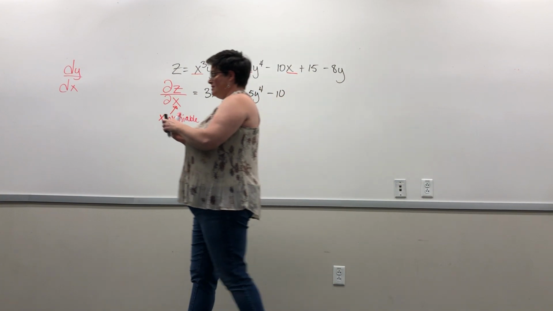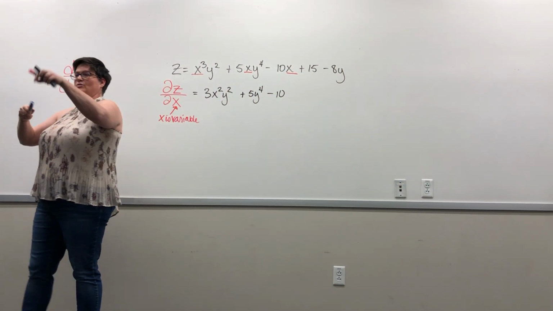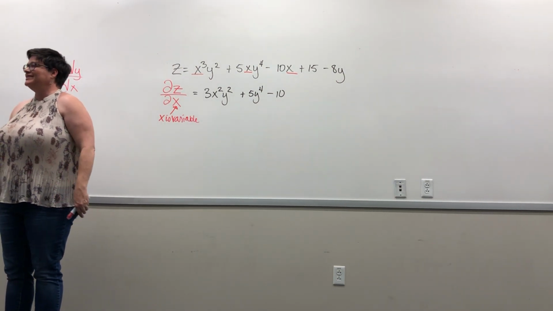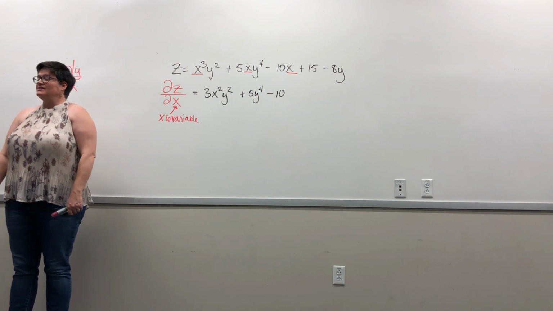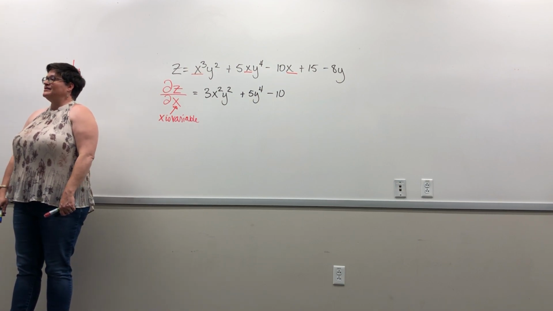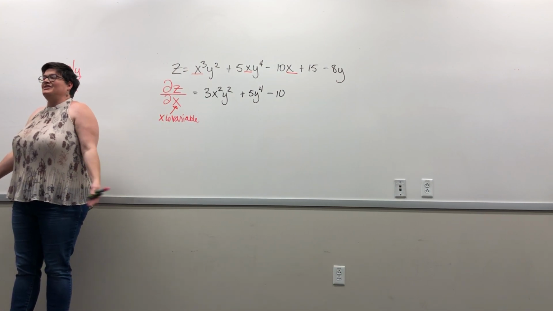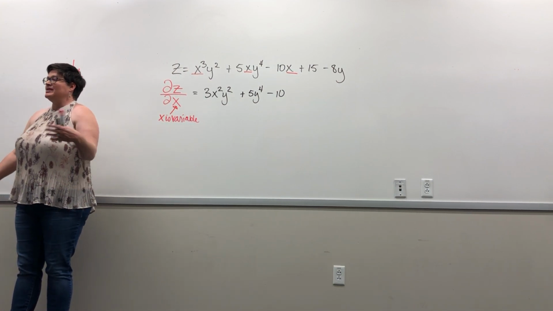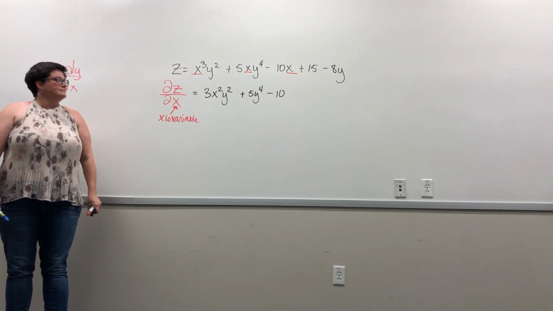I thought we were just changing the x's. Why did we remove the 8y? Because it's constant. There's no variable attached to it. It's like subtracting 15. Okay. There's no x. So we're only taking the derivatives of the sections that have x.